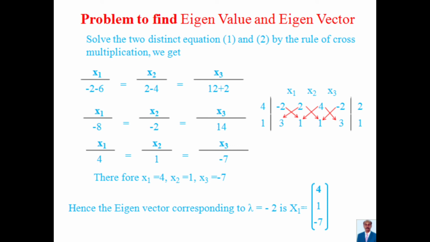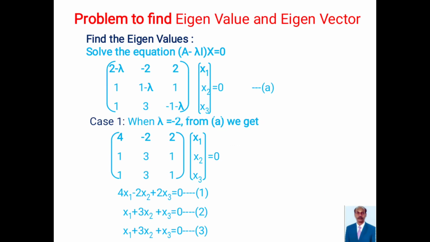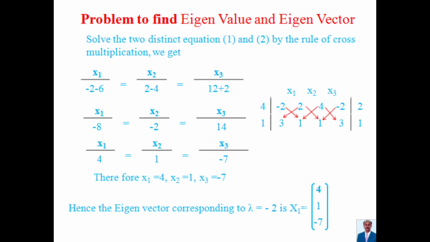We already discussed that. We take the two different equations 1 and 2, because equations 2 and 3 are the same. Here we write the coefficients: 4, minus 2, 2, then 1, 3, 1.